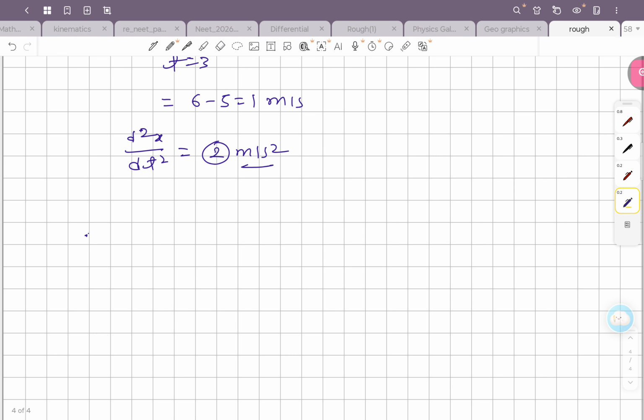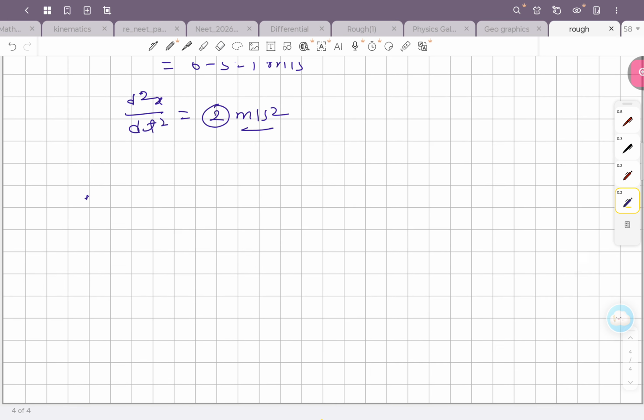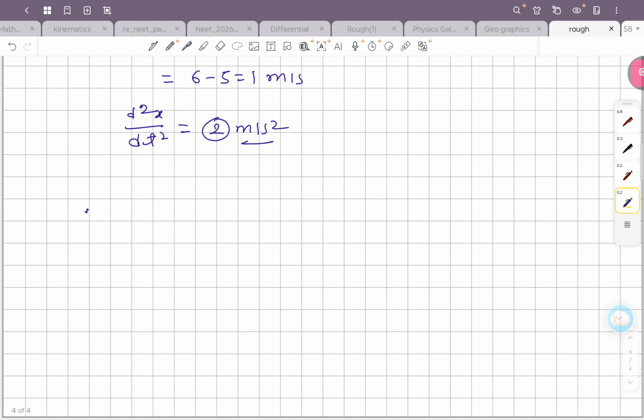Now for trigonometric functions, how can we differentiate them? The first one is y equal to sin x, so dy/dx is equal to cos x. Keep this in your mind.